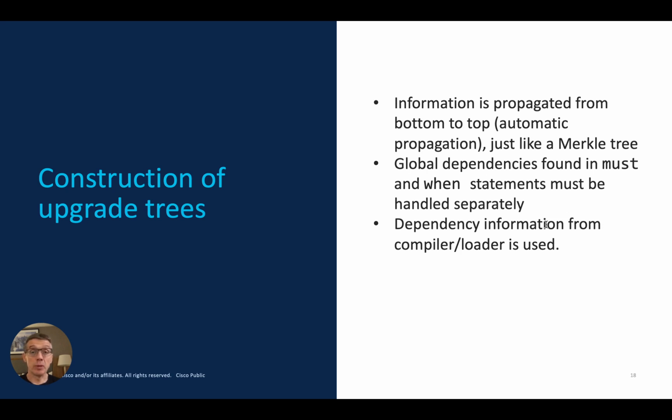The end result will be a tree containing the minimum amount of upgrade work. Global dependencies found in must and when statements must be handled separately. We use dependency information provided by the compiler and loader.